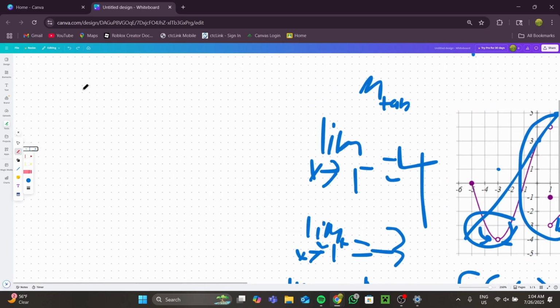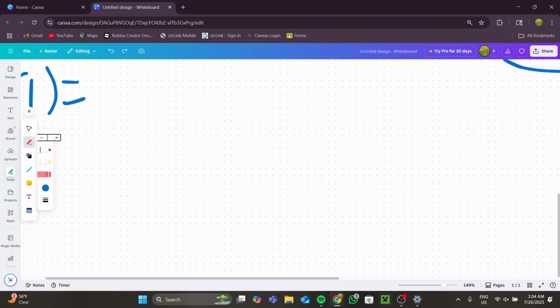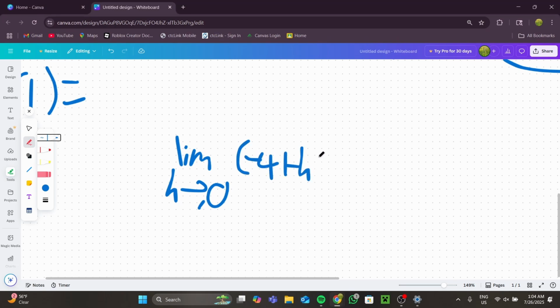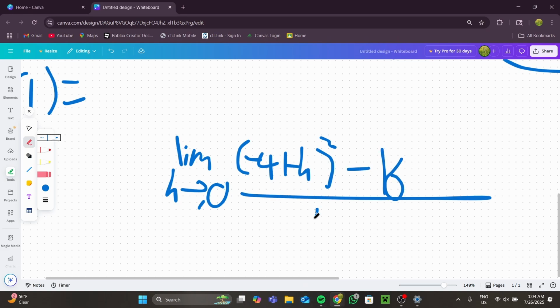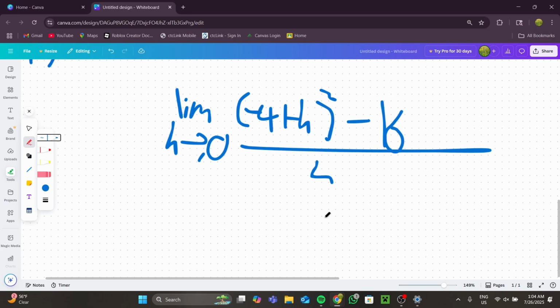Let's solve a quick problem over here. The problem would be the limit as h goes to 0 of (-4 plus h) squared minus 16, all over h. Notice h goes to 0.